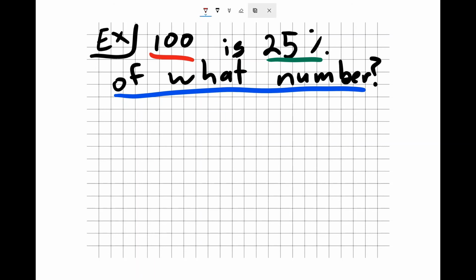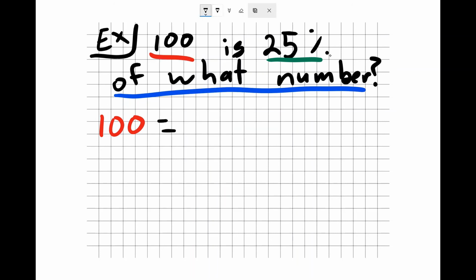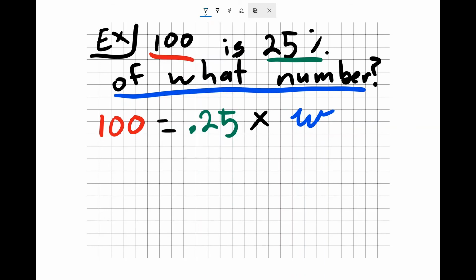So let's set up our equation. Part 100 is equal to 0.25 times W. Again, whenever your variable or your unknown is on this side or to the right of your equation, what you're going to want to do next is divide.